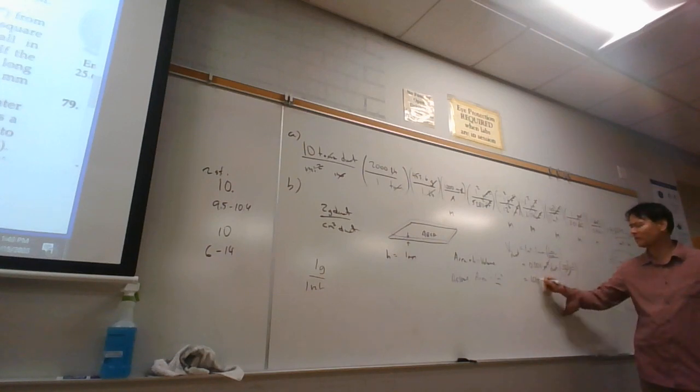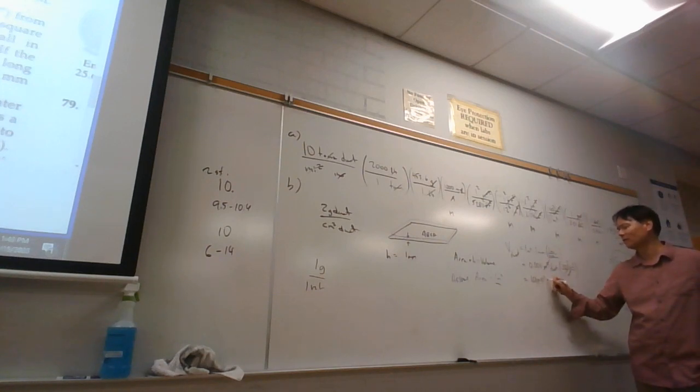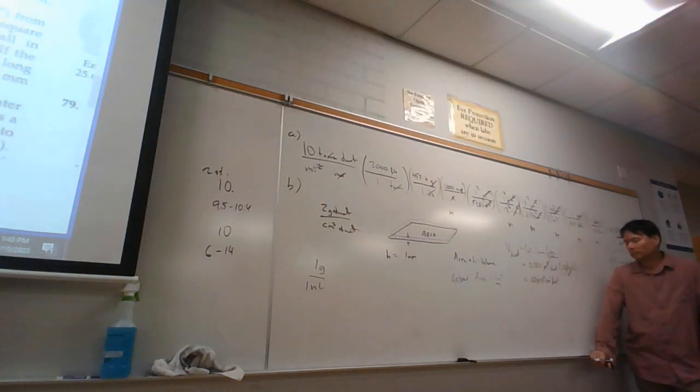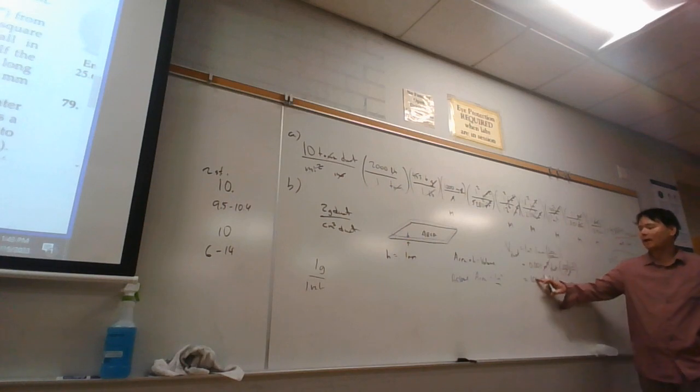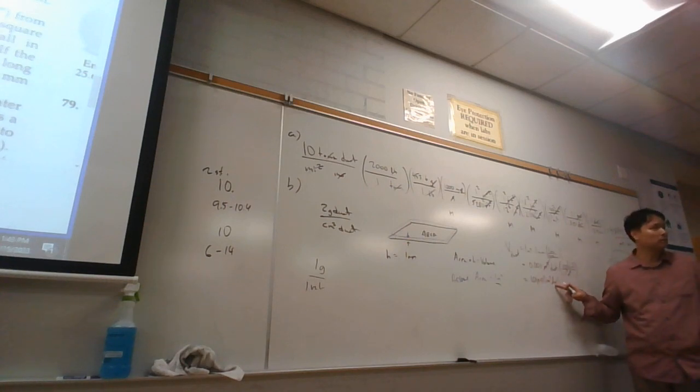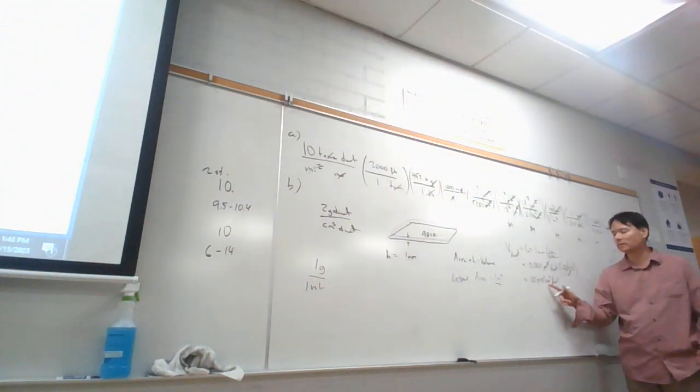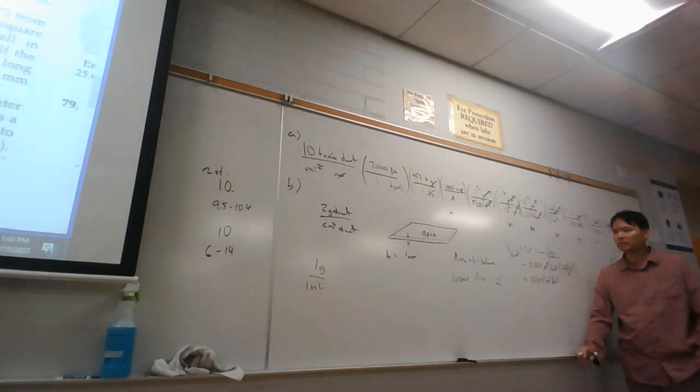Is that right? 1.0 times 10 to the third cubic centimeters of dust. What did you guys get? Yeah, okay, 1,000 centimeters cubed of dust. I'm writing it to 2 sig figs, so that's why I wrote it in scientific notation.